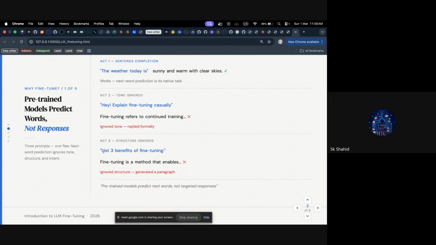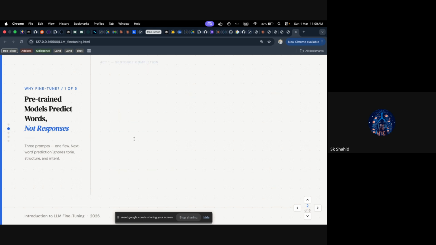If you ask "list three benefits of fine-tuning," instead of giving bullet points, a GPT-2 architecture would just predict the next tokens. This is why people understood that we need more fine-grained, targeted responses instead of just completing the token. So they came up with the idea of fine-tuning, supervised or instruction fine-tuning.